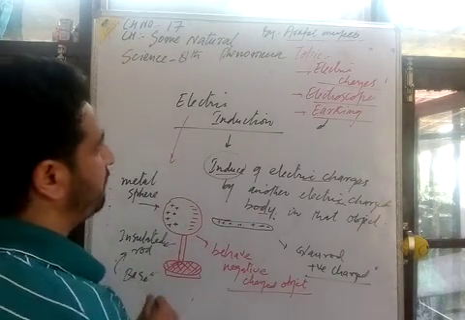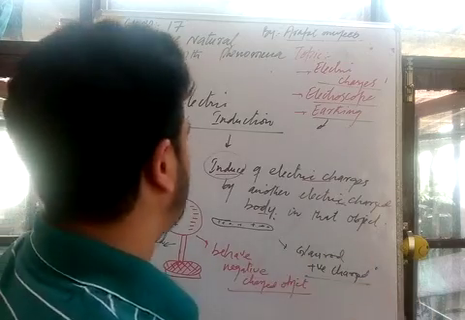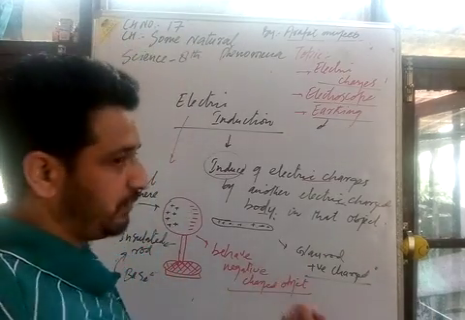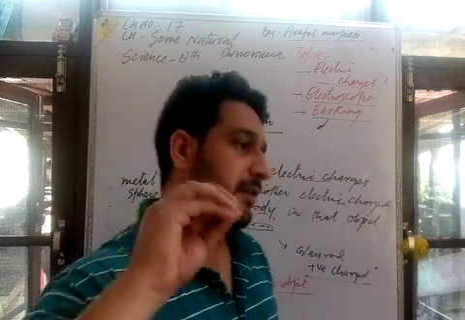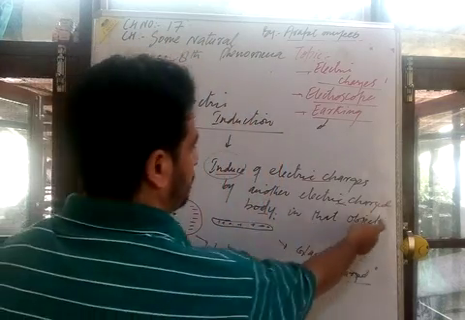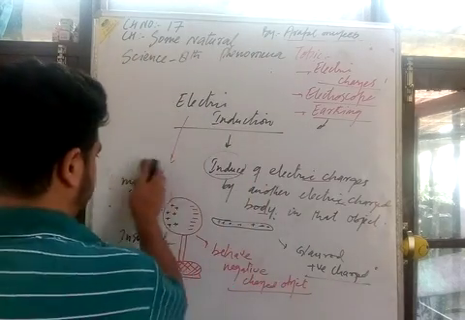This is the electric induction: induction of electric charge in another object when we bring close to it another electrically charged body. Now इस ऑब्जेक्ट में इलेक्ट्रिकल चार्ज इंड्यूस हो गया.